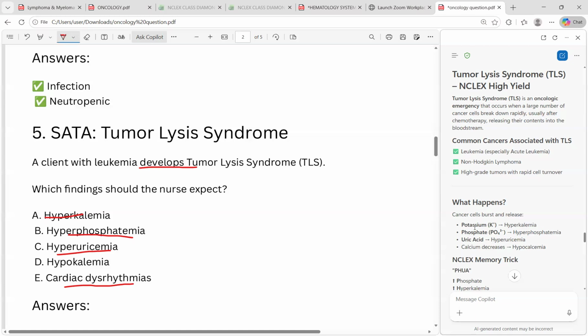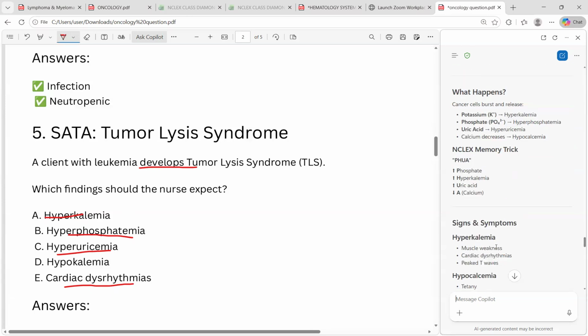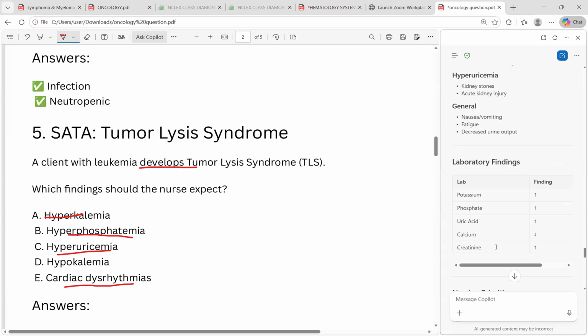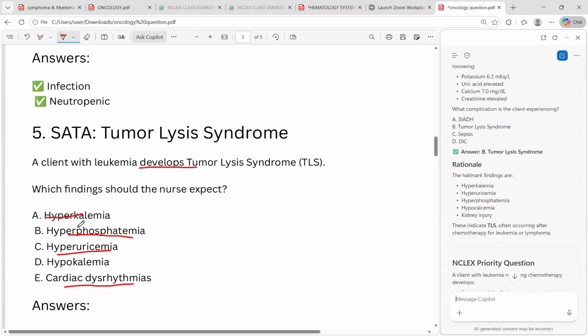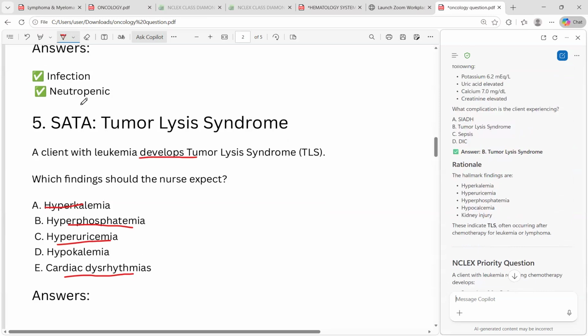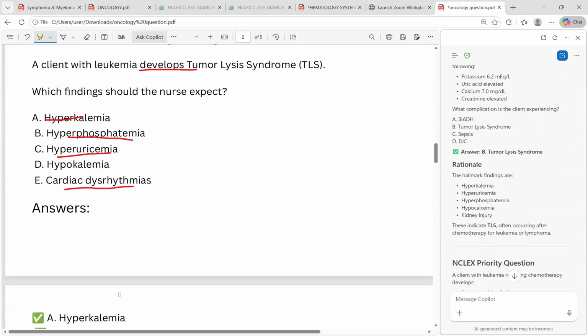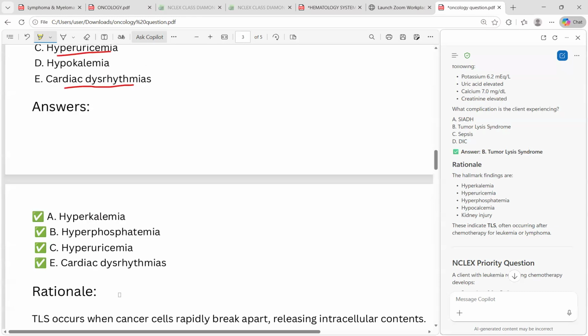When there is hyperkalemia, of course there is a risk for cardiac dysrhythmia. Your answers are hyperkalemia, hyperphosphatemia, hyperuricemia, and cardiac dysrhythmia. Yes, those are the correct answers.